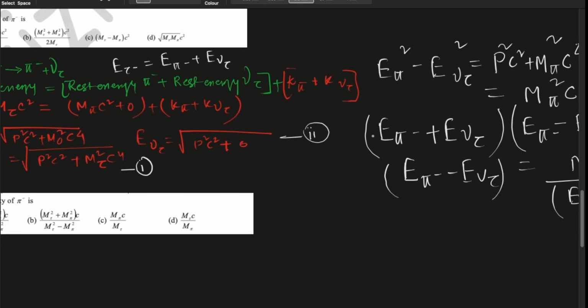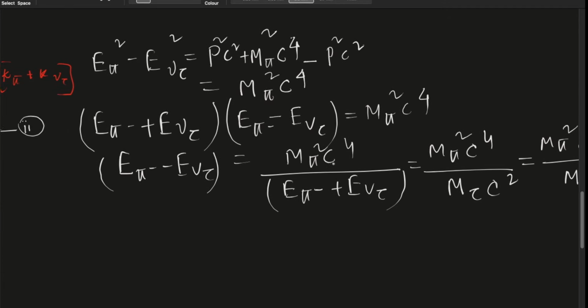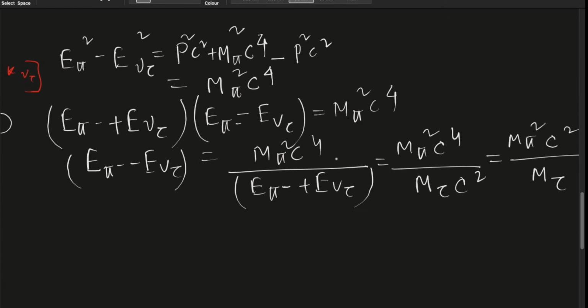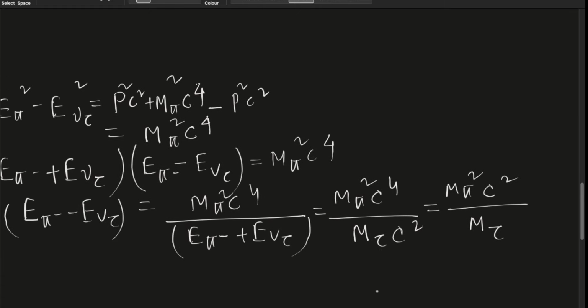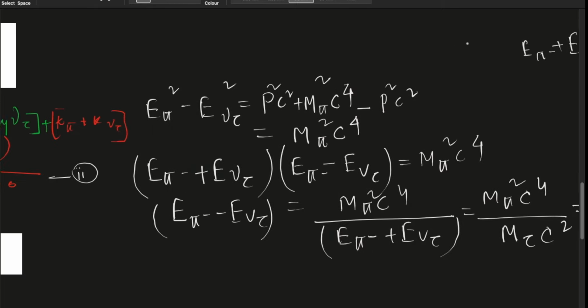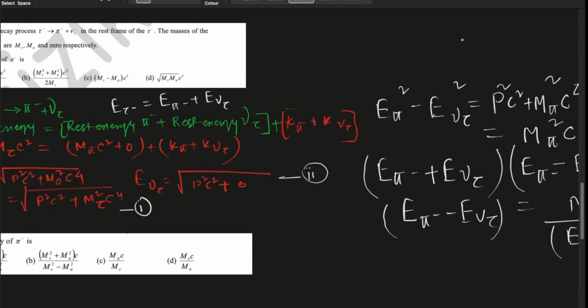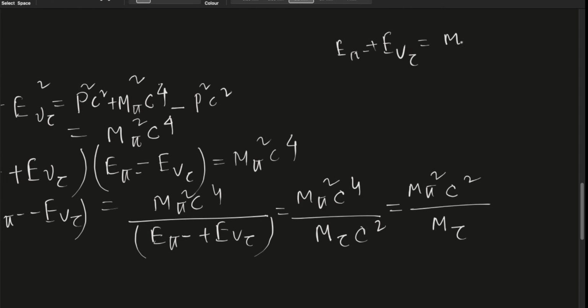Basically E pi minus plus E neutrino is equal to m tau c square, and E pi minus minus E neutrino is m pi square c square by m tau.